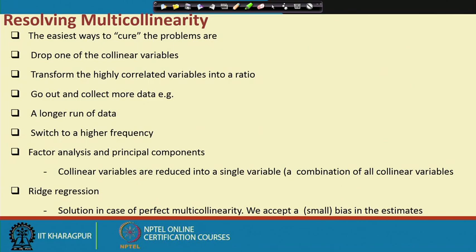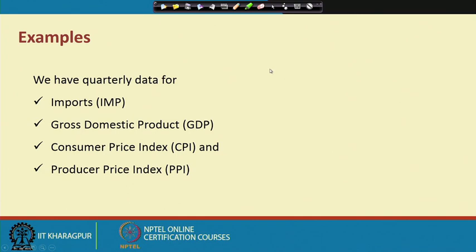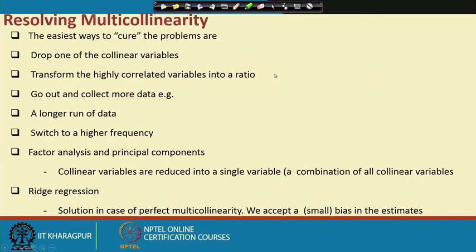In that case, you will look for other ways, like data transformation and increasing sample size. You can even change the functional form, or sometimes drop the collinear variables after knowing the correlation among the regressors. If a particular pair has a very high correlation, for instance close to 0.99, it is better to drop a variable instead of looking for another solution.